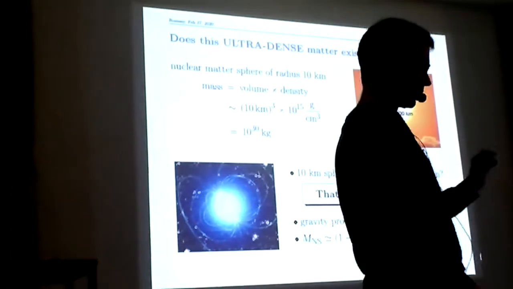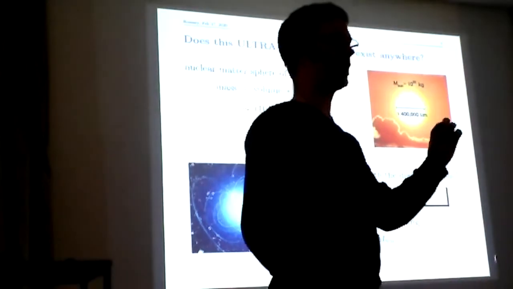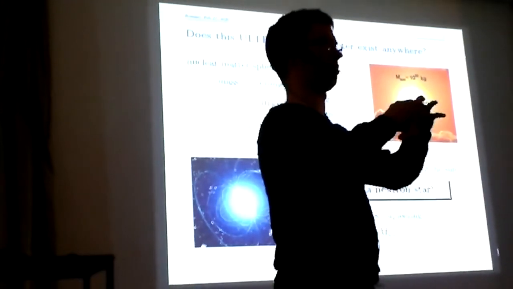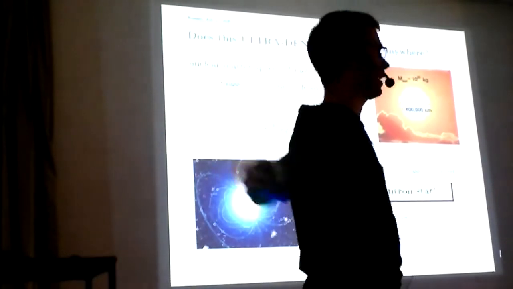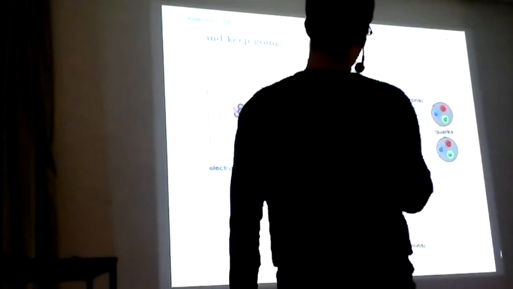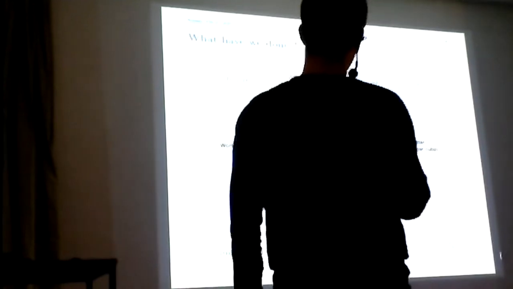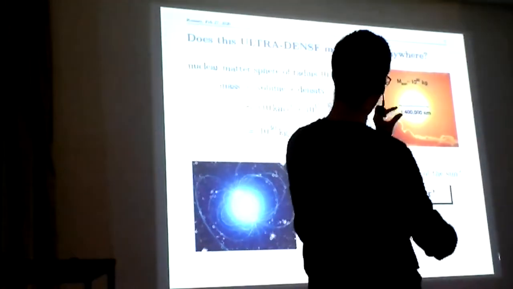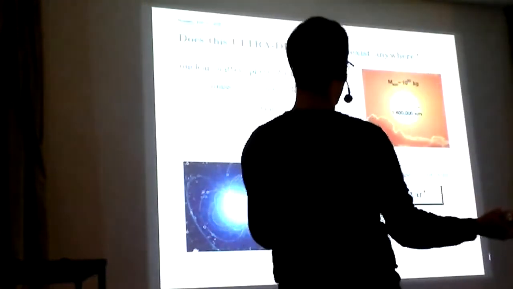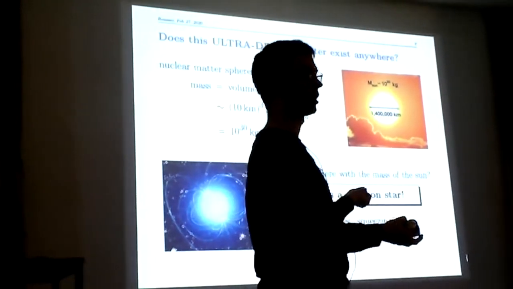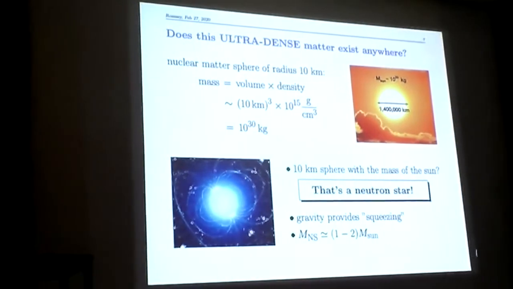Let's now go away from this sugar cube size, and let's take this matter, but now distribute it over a sphere of 10 kilometers. Okay? So I keep working with this, what I call nuclear matter, but now instead of looking only at the sugar cube size, I create a ball of radius 10 kilometers with the same density. Okay? So what I calculate here is the mass of this 10 kilometer sized ball.